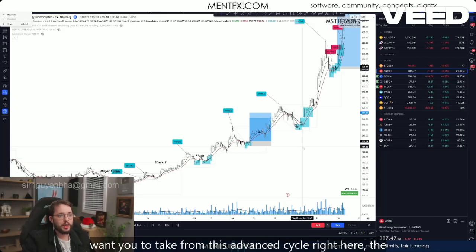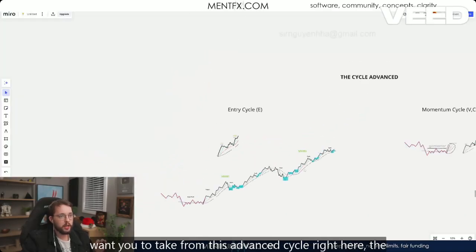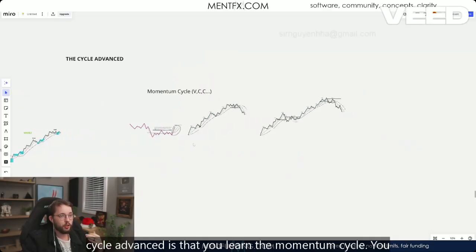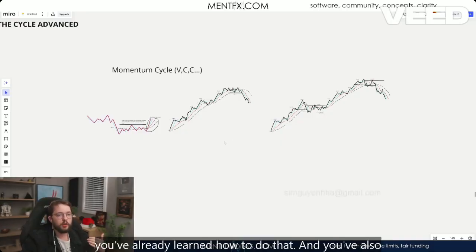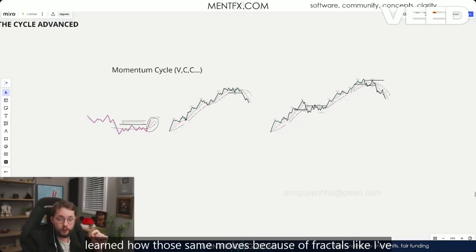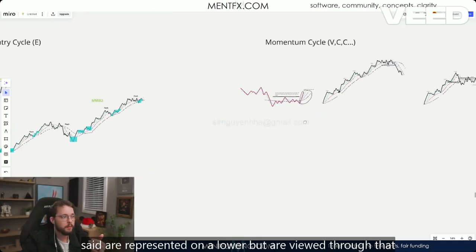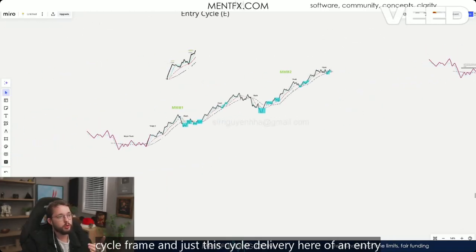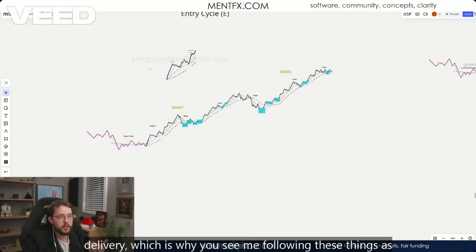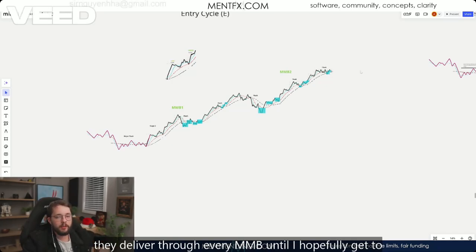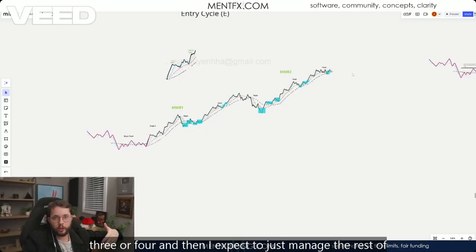But the main thing I want you to take from this advanced cycle right here, the cycle advanced, is that you learn the momentum cycle, you learn what it does and how to generally label it. We're going to talk about labeling down the line as well, but you've already learned how to do that. And you've also learned how those same moves, because of fractals, like I've said, are represented on a lower, but are viewed through that cycle frame. And just this cycle delivery here of an entry time frame is actually only this amount of a potential delivery, which is why you see me following these things as they deliver through every MMB until I hopefully get to 3 or 4.